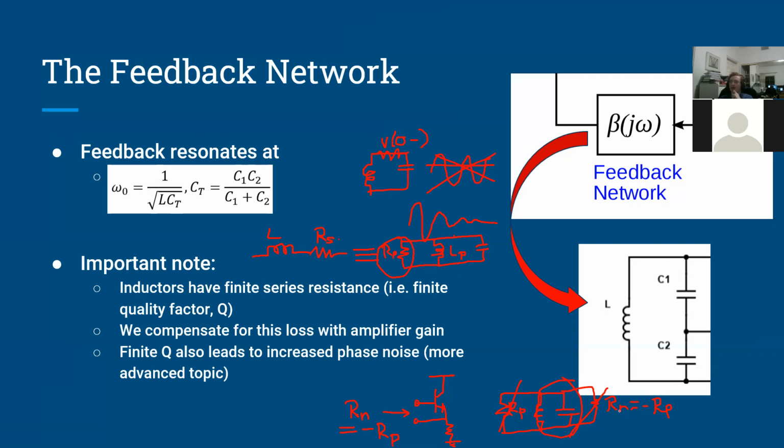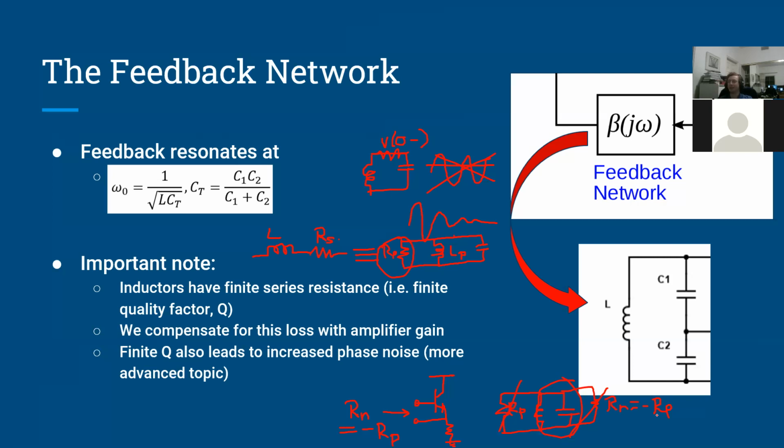If Rn is less than minus Rp, which is to say you're overcompensating for the loss, what'll happen is your oscillations will become unstable and the amplitude will keep growing, right? Because you're just going to keep adding more and more energy into the circuit. So that's actually what you want, it turns out.